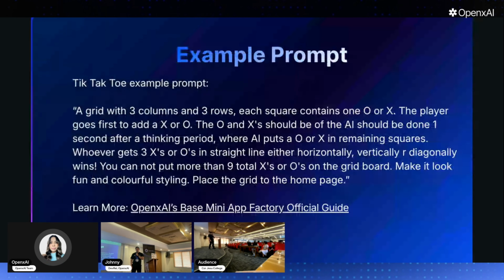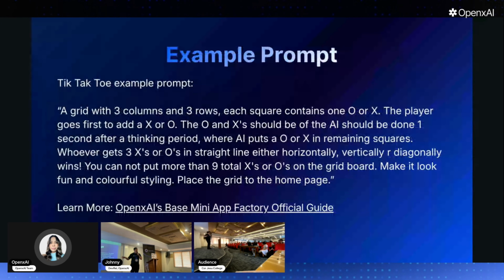And this is zooming into the example prompt. So as you saw, tic-tac-toe is a very simple game, but it did take about 3 sentences to describe the game, how it works, what the rules are, and what it looks like. And like, what are the conditions for that game to be won?